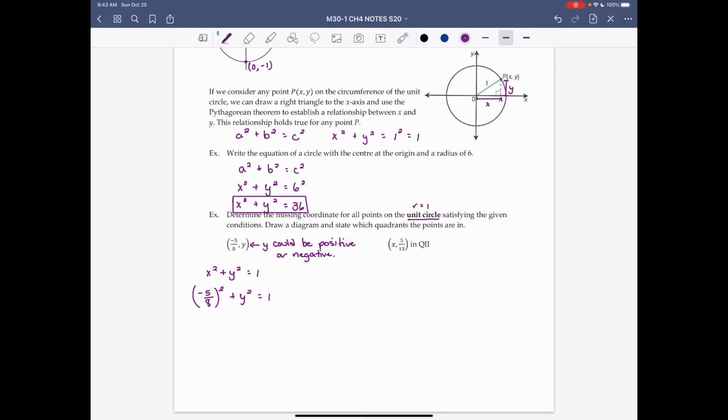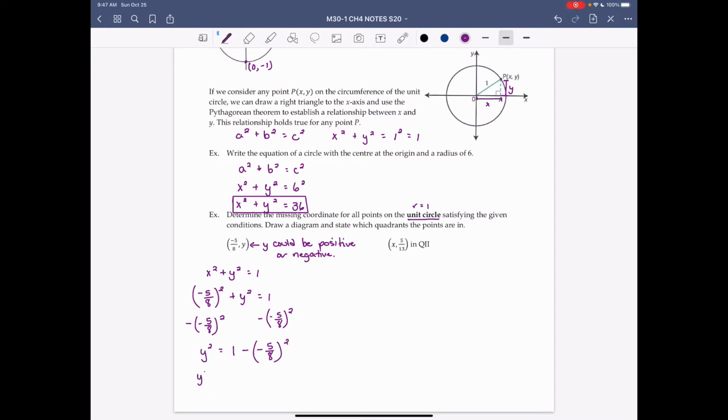And then we can isolate the y value. So subtract negative 5 over 8 squared from both sides. We get y squared equals 1 minus negative 5 over 8, squared.